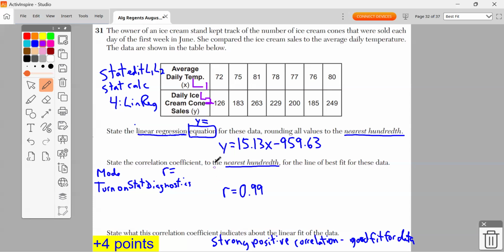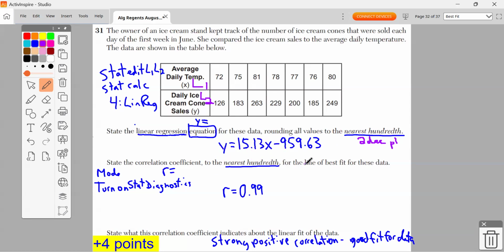Equations have equal signs. You have to have y equals. If you did not put the y equals, the most that you can get is 3 out of 4. Rounding all values to the nearest hundredth. To the nearest hundredth is 2 decimal places. So when you type it in, your A value would round to 15.13 and your B value would round to -959.63.